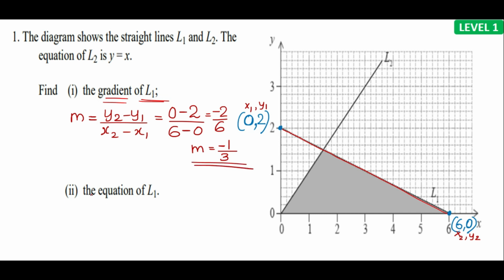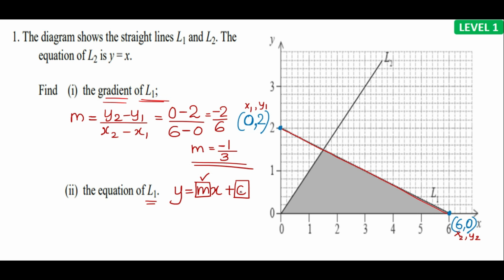Moving on to the next part, the equation of the line. Now to write the equation of the line, we need to find two components to complete this equation, which is m and c. Since we are talking about the same line L1, we have already found m, which is negative 1 over 3.